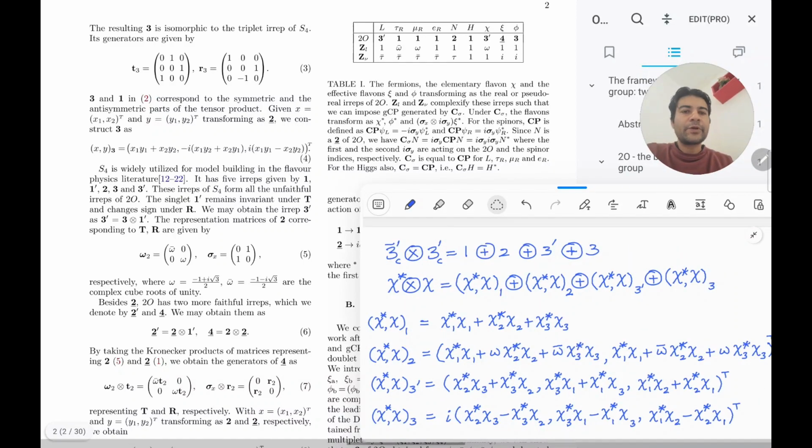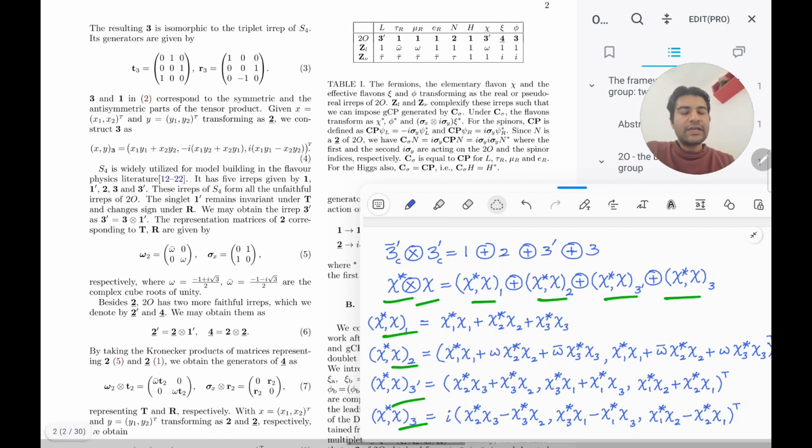Finally, I consider the tensor product of the conjugate of the representation with the original representation, that is chi star with chi. And in this case, the objects on the right hand side, all of them are real irreps, because we have multiplication with omega bar and omega, both of them cancel with each other, and the expressions of all these things on the RHS are shown here.